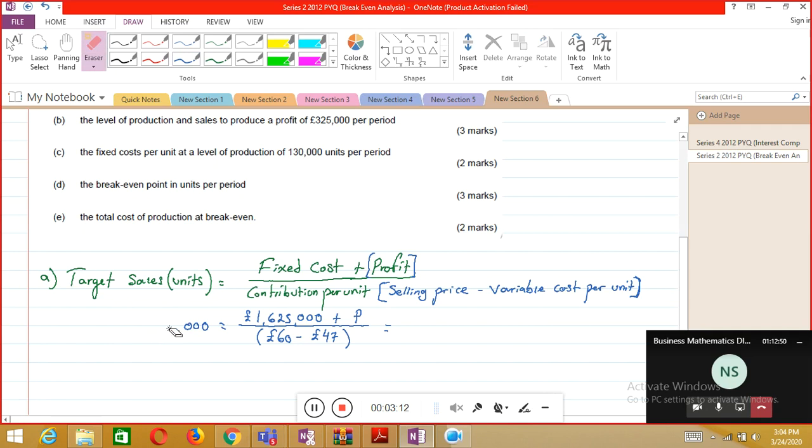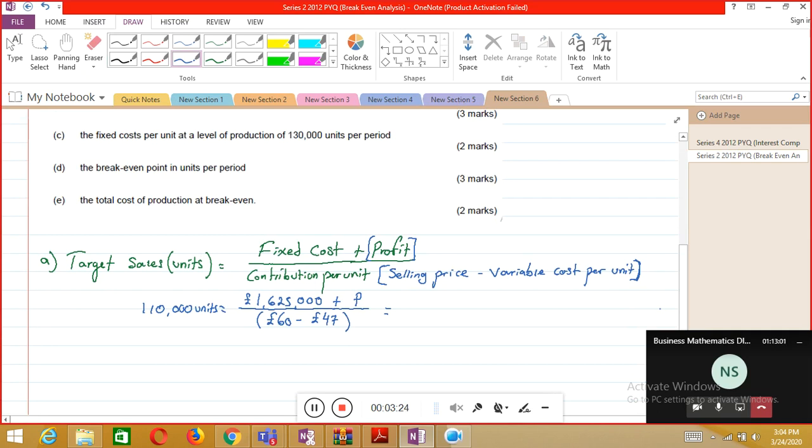That is the units they already gave you. You should be able to get 13 over here. And then you solve these first. From the bottom it's always times. So 13 times 110,000 units will give you 1,430,000.